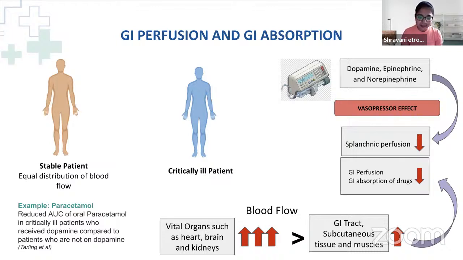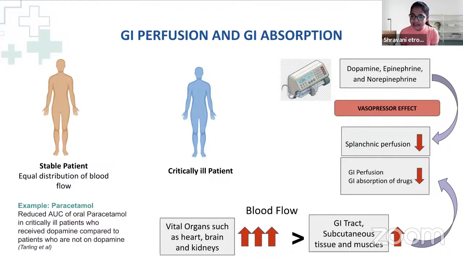So there is one example to have a better understanding of this. There was a study conducted by Tarling et al. They observed two sets of patients: one set of critically ill patients who were not on dopamine, and the other set who were on dopamine. Both sets of patients were receiving oral paracetamol.